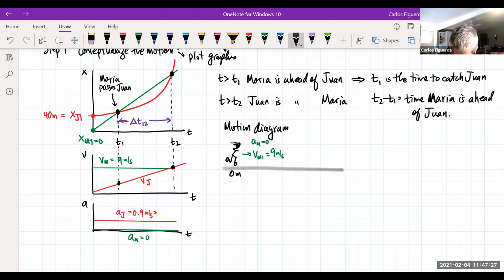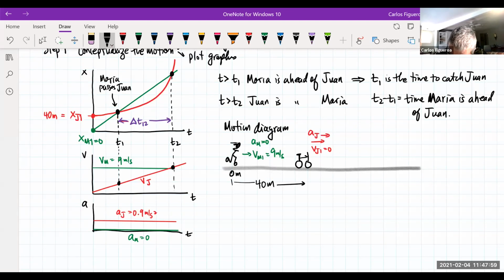So when I'm looking at this, we know that Juan is ahead. So how far is Juan ahead on his bike? Well, we know that the distance from the origin is 40 meters. And what we're really asking here is that because he's starting from rest, but he has an acceleration in that direction as well.